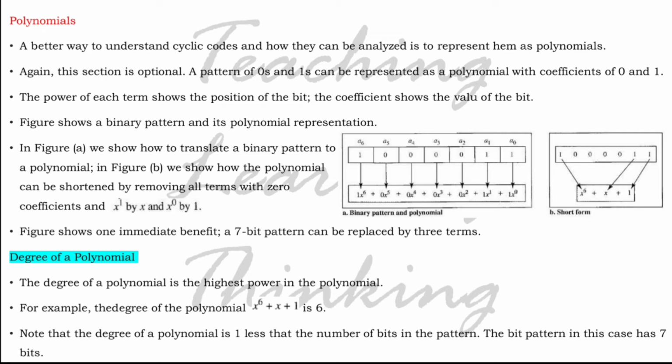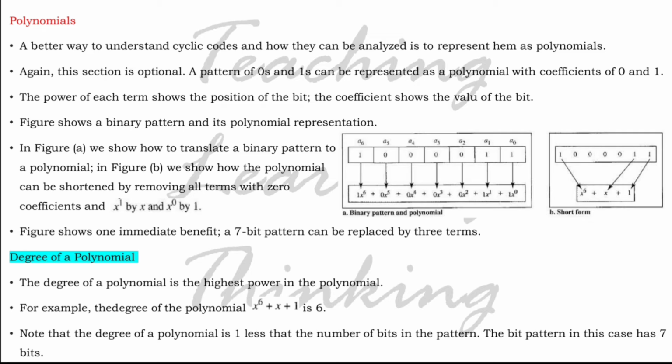So there is a word like A6, A5, A4, A3, A2, A1, A0 as 1 0 0 0 0 1 1. So if you go by this, 1 into x raised to 6, 0 into x raised to 5, 0 into x raised to 4 plus 0 into x raised to 3 plus 0 into x square plus 1 into x raised to 1 plus 1 into x raised to 0.